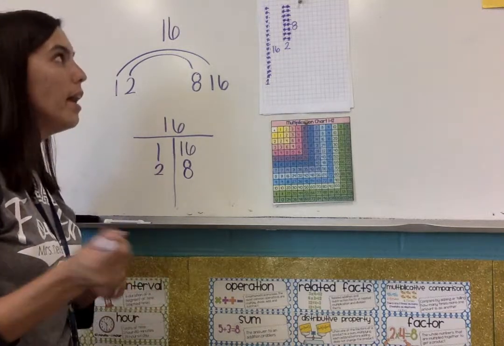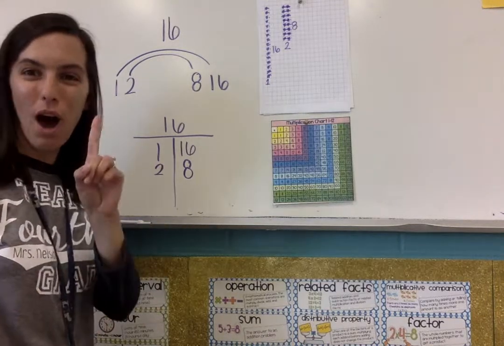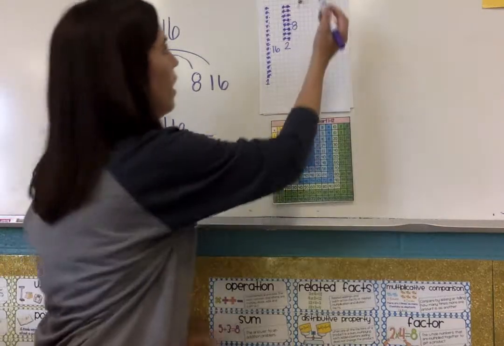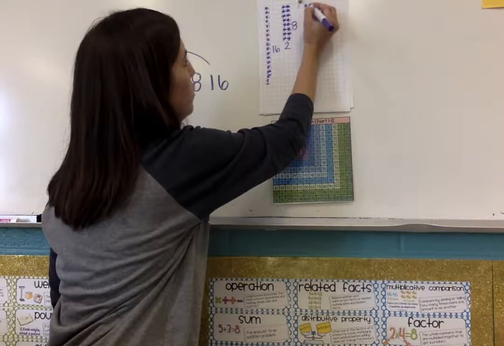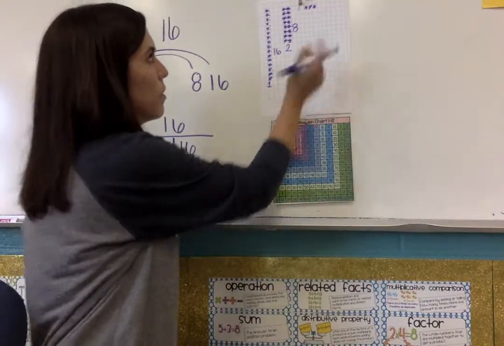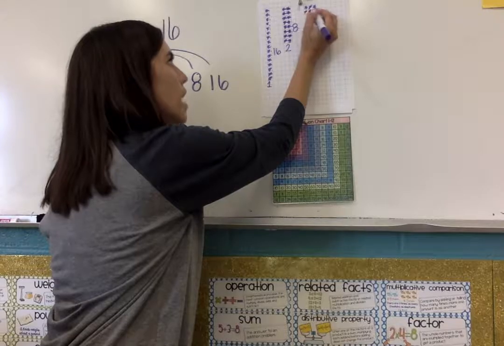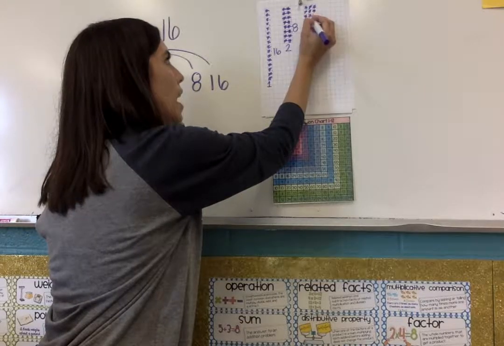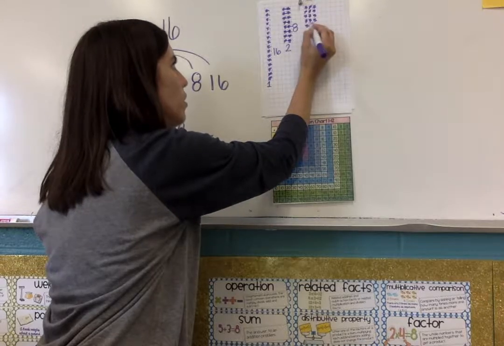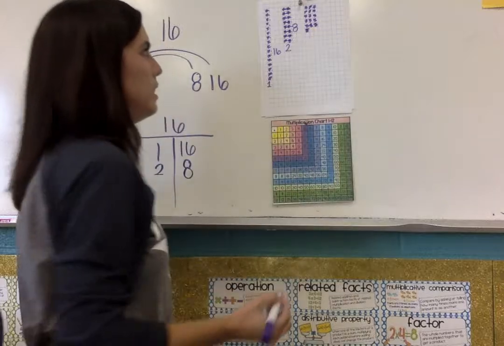We tried 1 column, 2 columns, let's try 3 columns. So 1, 2, 3. Do you see the start of my 3 columns there? 4, 5, 6, 7, 8, 9, 10, 11, 12, 13, 14, 15, 16.